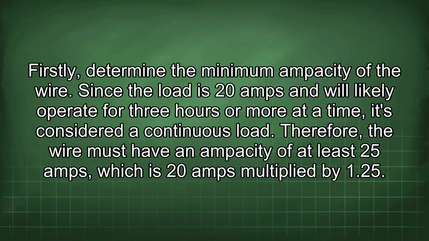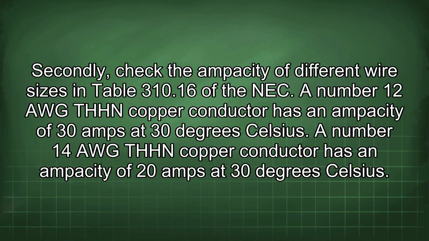Firstly, determine the minimum ampacity of the wire. Since the load is 20 amps and will likely operate for 3 hours or more at a time, it's considered a continuous load. Therefore, the wire must have an ampacity of at least 25 amps, which is 20 amps multiplied by 1.25. Secondly, check the ampacity of different wire sizes in Table 310.16 of the NEC.